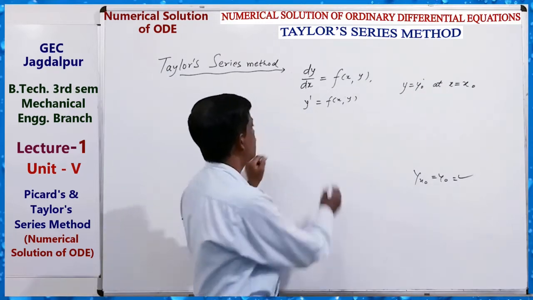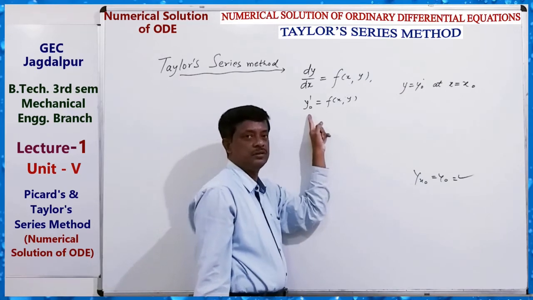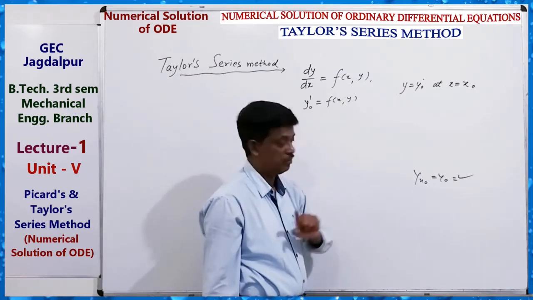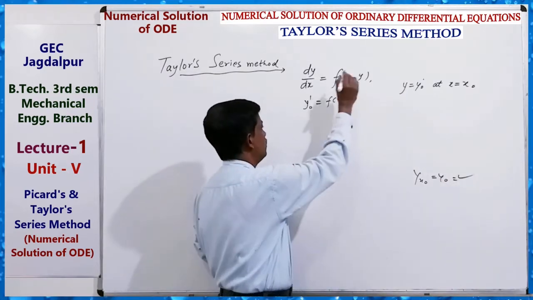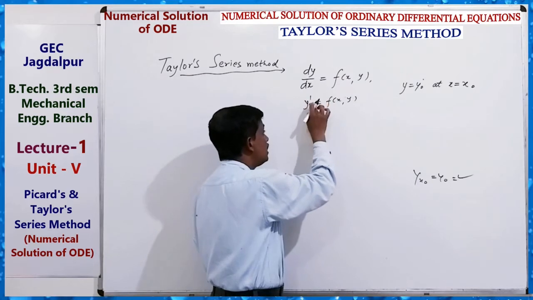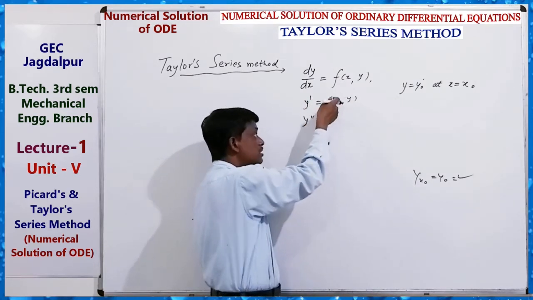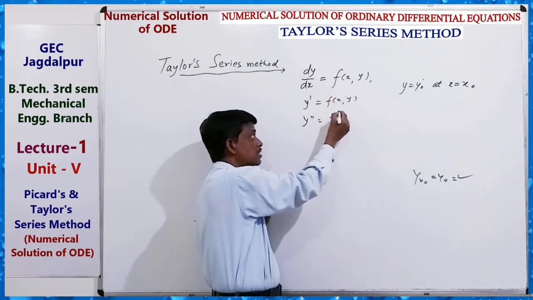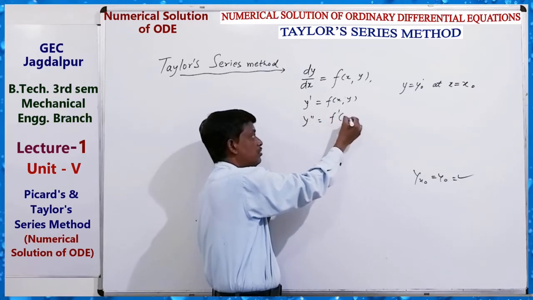Y dash at 0, how can you find this value? Just use x0 and y0 here: the value of y0 and x0. Then you can get the value, since y dash equals this. Now y double dash, just differentiate it: f dash of x,y.